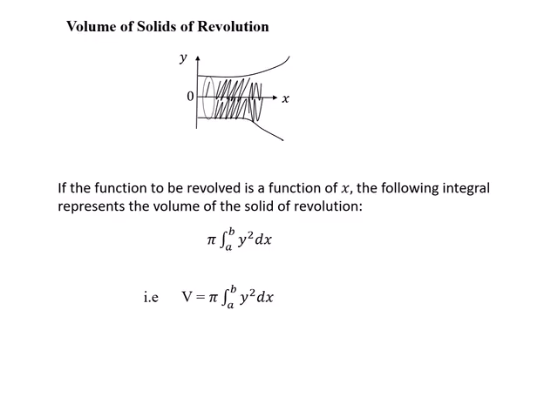When calculating the volume of solid of revolution, we normally use the disk or shell method via integration. That is, the disk or shell method is usually used when dealing with the volume of solid of revolution. So here we have the formula V equal to pi integral y squared dx from a to b.